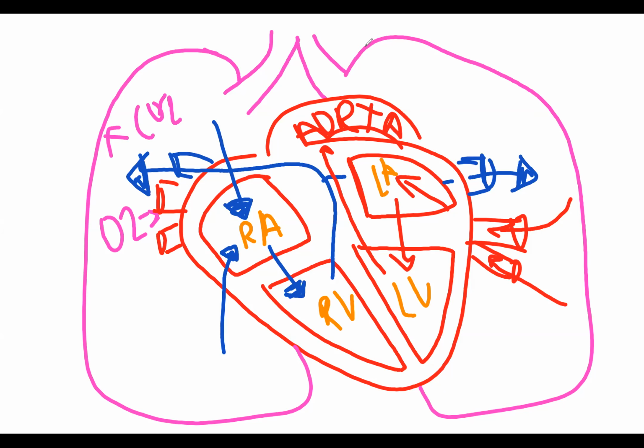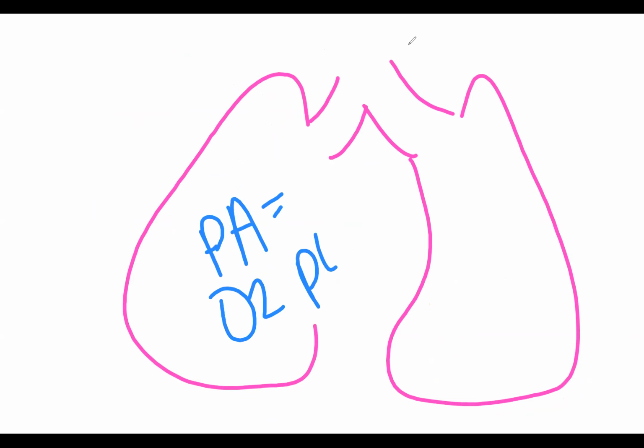I am bringing all of this up because in the lungs, the pulmonary arteries are oxygen poor, so they look blue.